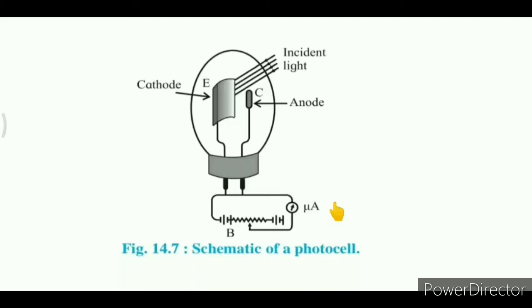The emitter is connected to the negative terminal and the collector is connected to the positive terminal. The working can be explained in this sense.